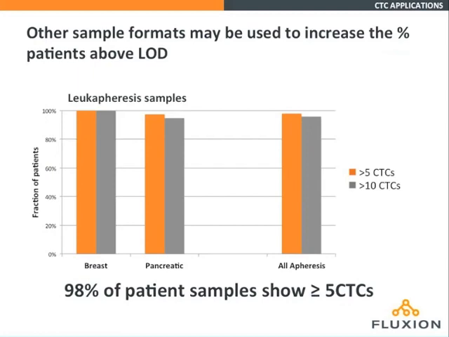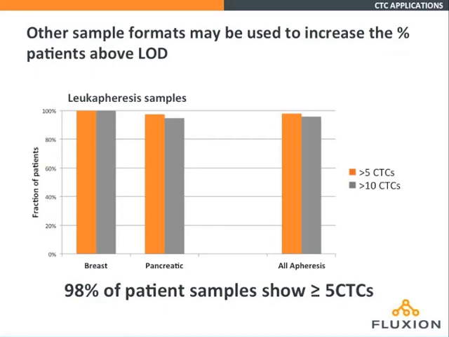Now, we have worked with a number of collaborators, some of which have looked at other sample formats. And the idea here is to be able to cull white blood cells from a larger blood volume, that is, white blood cells including circulating tumor cells. And our collaborators at Bayer have used leukapheresis samples in order to improve the numbers of CTCs that are being recovered.